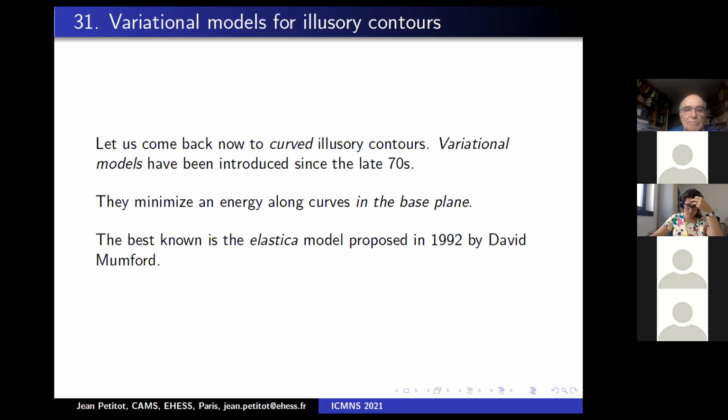Okay, and now in the last part of my talk, I will come back to curved illusory contours. Variational models have been introduced since the late 70s. They minimize an energy along curves in the base plane, and the best known is the Elastica model proposed in '92 by David Mumford.